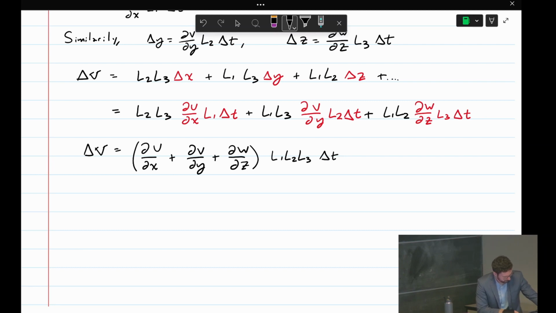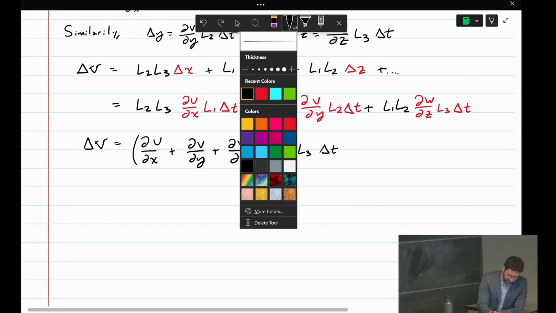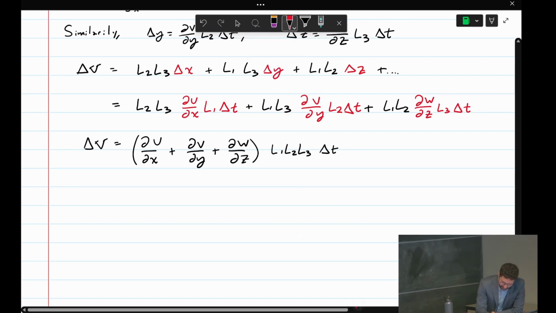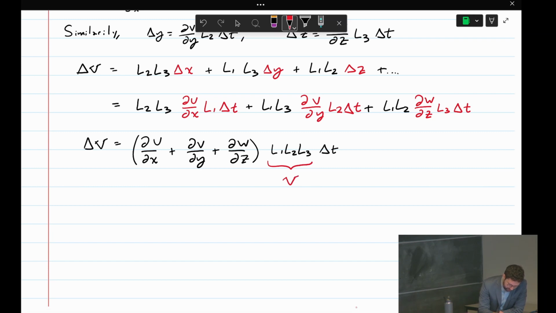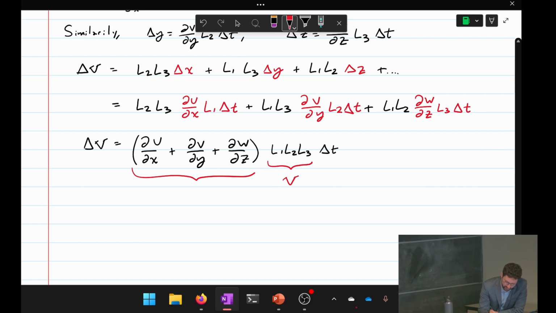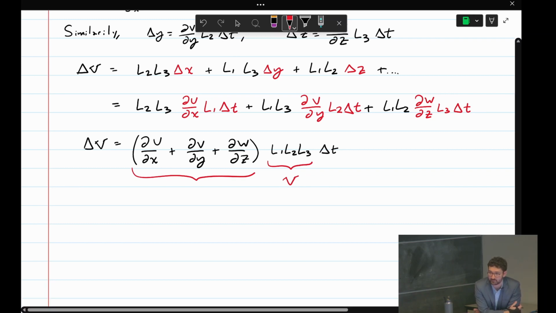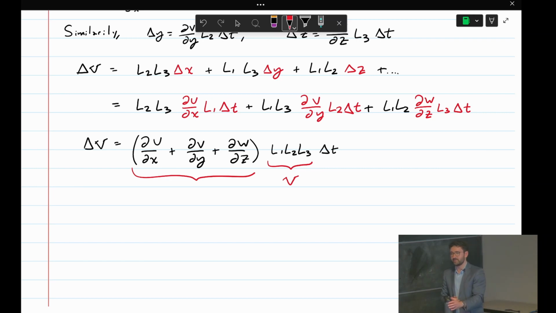Okay, so I think you guys know what this part of the expression is, so I'm not going to ask you that. Does anyone know what this part of the expression is here? The first part, the term with the derivatives in it. So partial u, partial x, plus partial v, partial y, plus partial w, partial z.